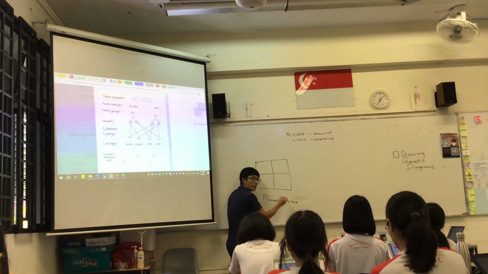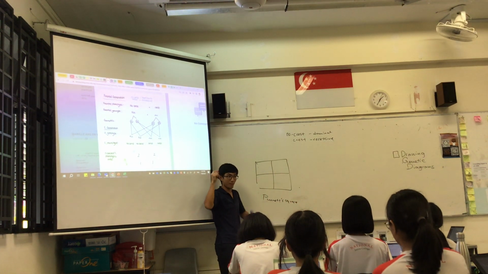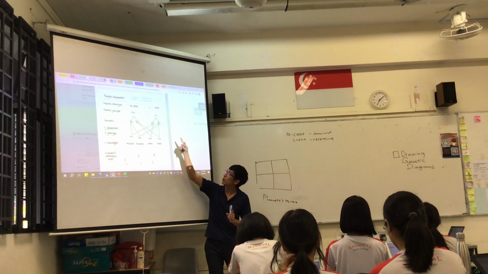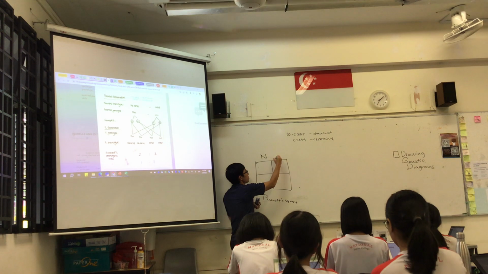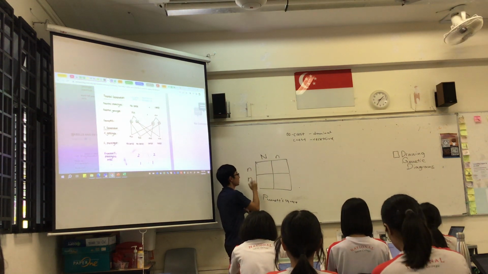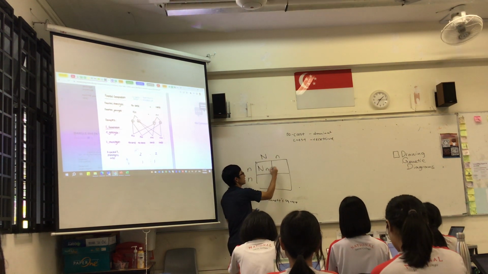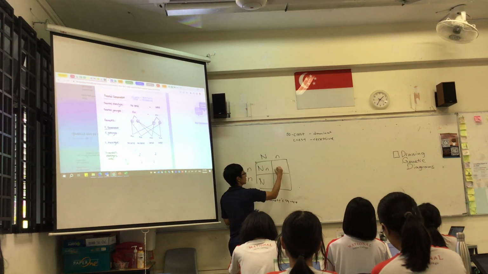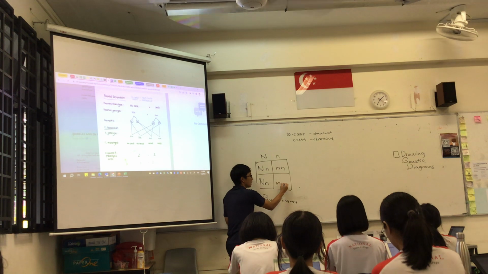I always use this table just to double check that my crisscross is correct, because this one cannot go wrong. So for example, over here you have heterozygote crossed with the homozygote recessive. So you should get this at the end of the day. Then you just double check.